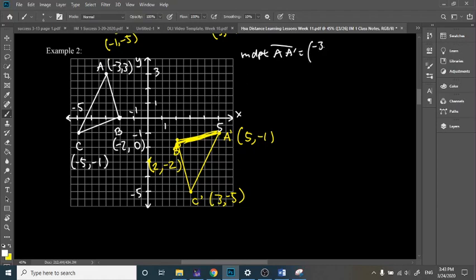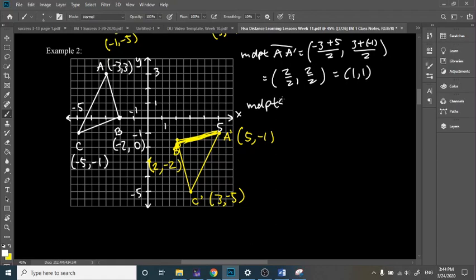So we have -3 plus 5 divided by 2. We have 3 plus -1 over 2. This is the same thing as saying 5 minus 3, so that's 2. This is the same thing as saying 3 minus 1, so that's also 2. And we end up with 1, 1. Okay, that's interesting. That might make things a little bit easier.